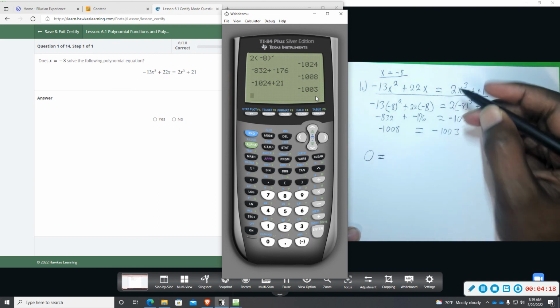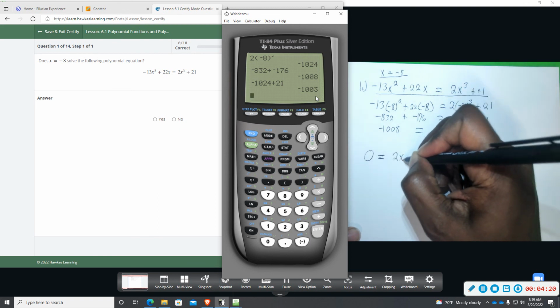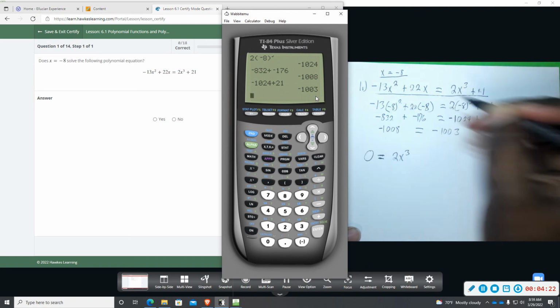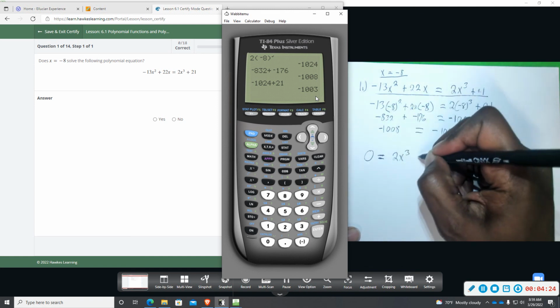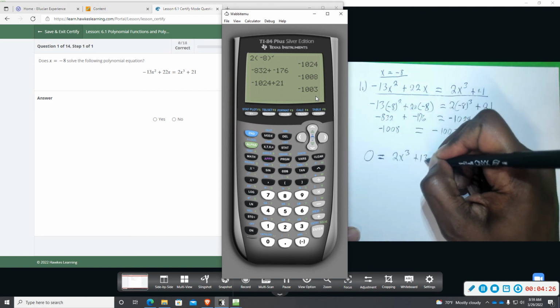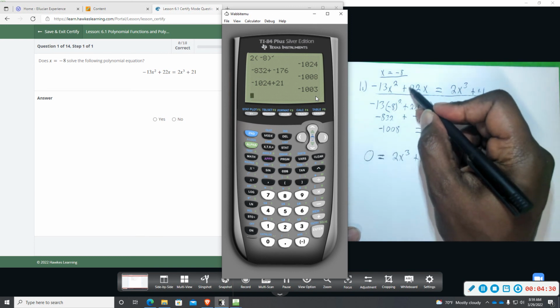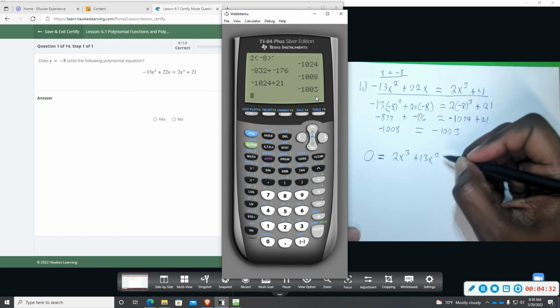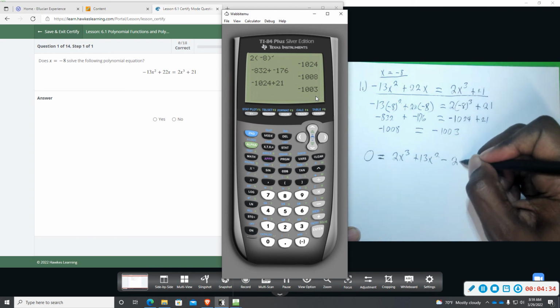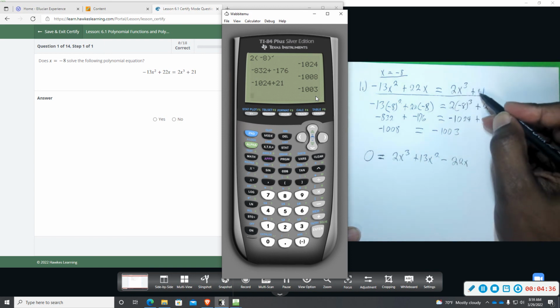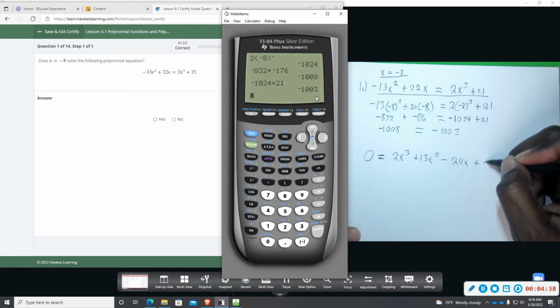So my 2x to the third, and then add this over here, so it'd be a positive 13x squared, and then subtract and move the 22x, so minus 22x, and then you have your plus 21.